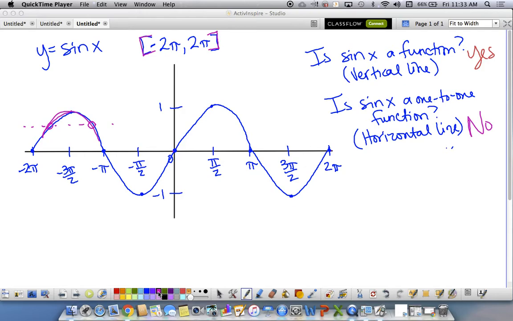So we're going to start looking here at the origin and say, where in the world could we break this to make it a one-to-one function? Well, if I go back from 0, what about here? Starting at the bottom and going up to the tops before we go down the other hill.